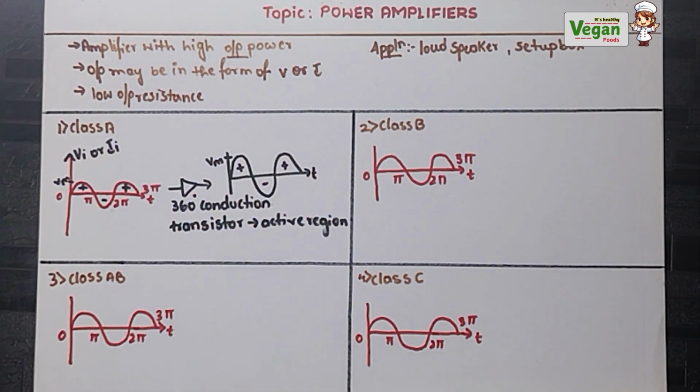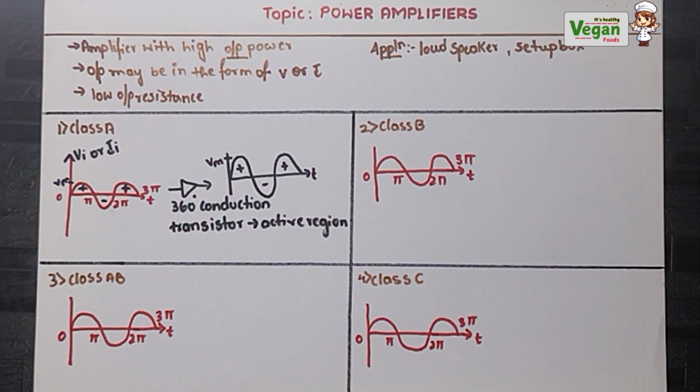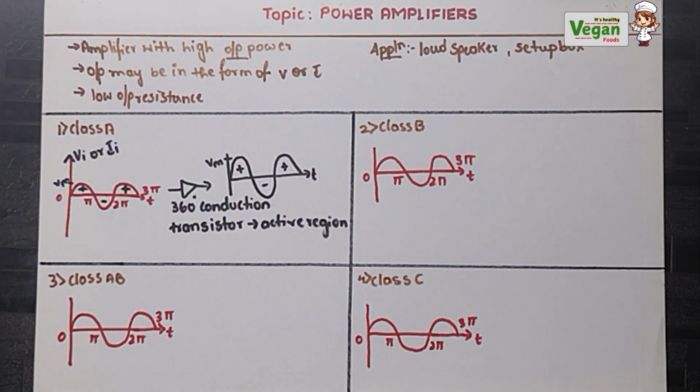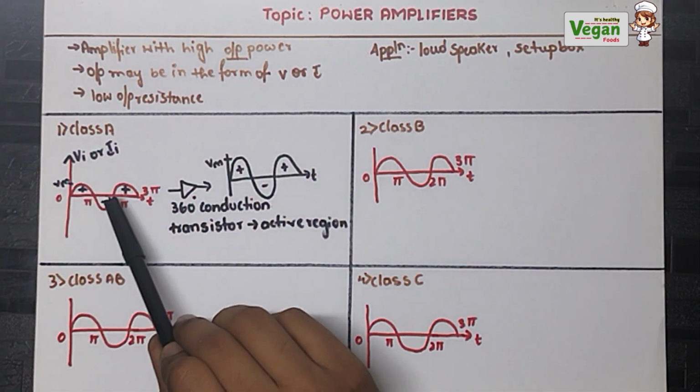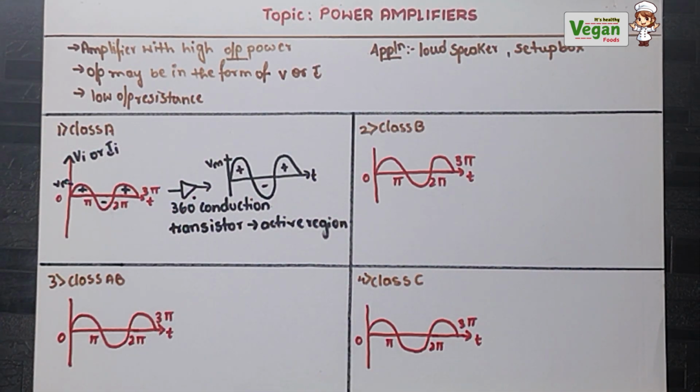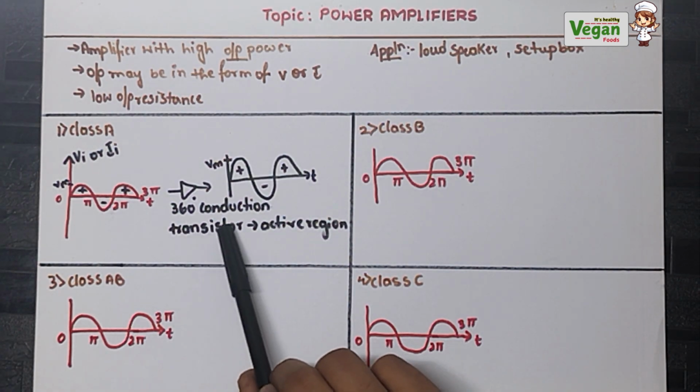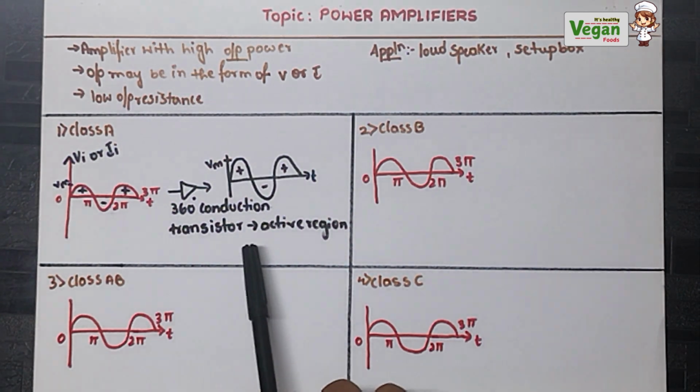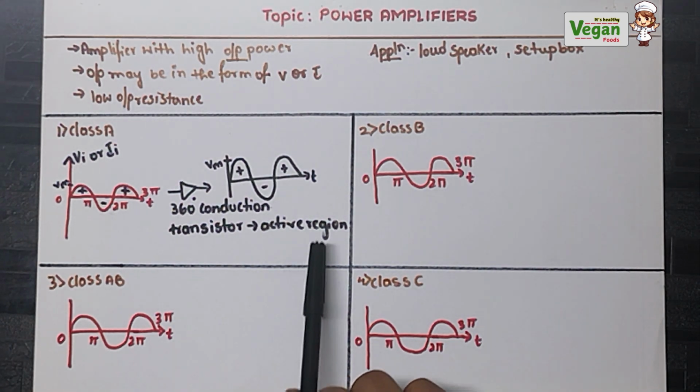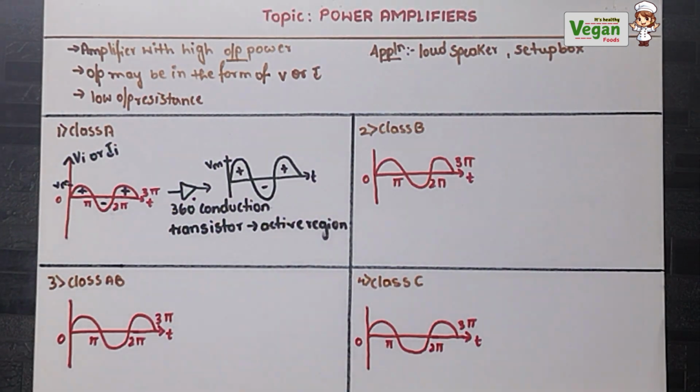Since there is 360 degree conduction in class A amplifiers, the transistor will be in the active region for both the positive and negative half cycles. If we include both, it will be 360 degrees. So in 360 degree conduction also, the transistor will be in the active region. Therefore, it is active for the full cycle.